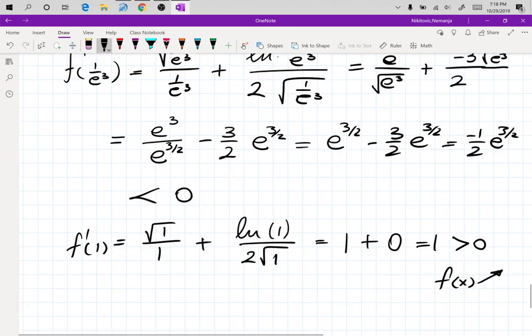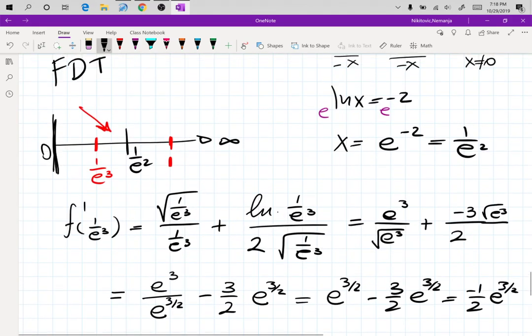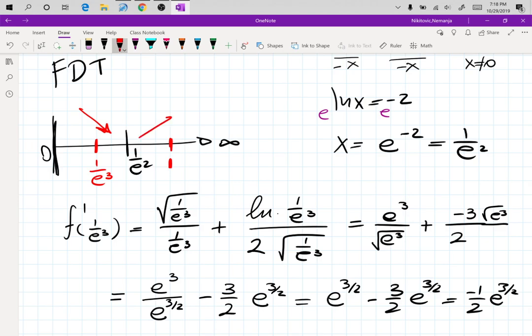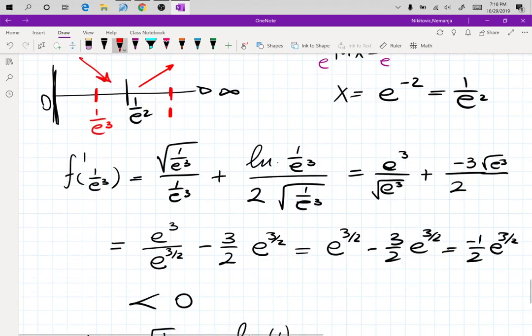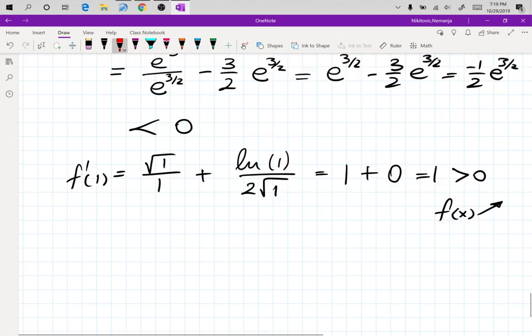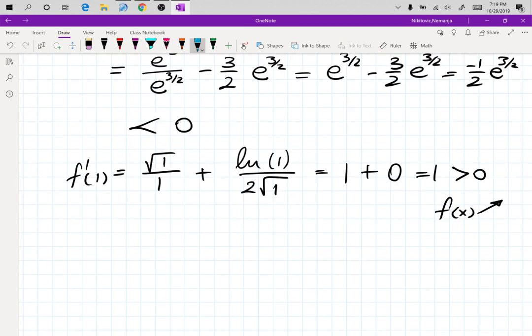And now this one is increasing, so here is the arrow going this way. What we got for free is that there is a minimum at 1 over e squared. So for free, minimum at x equals 1 over e squared.